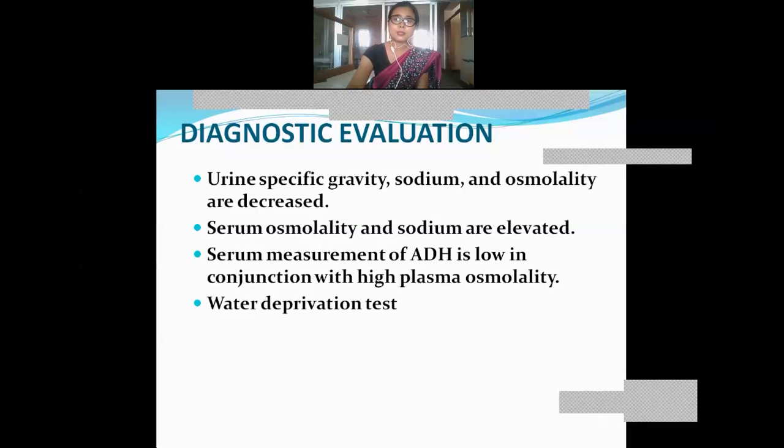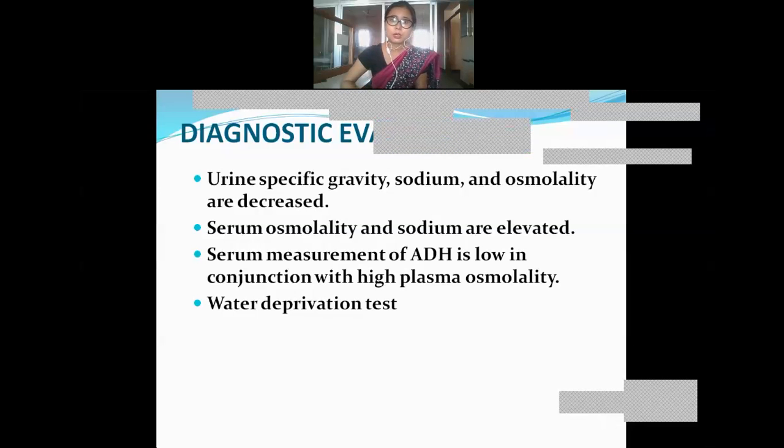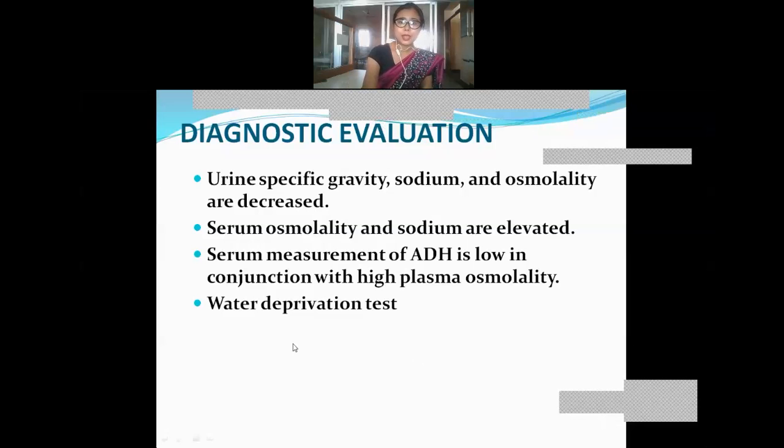And water deprivation test. Water deprivation test means here the patient will be asked to restrict fluid. He or she will not be allowed to take any fluid for 12 to 14 hours. So normally, if we don't take enough water, then our urine output will be less.